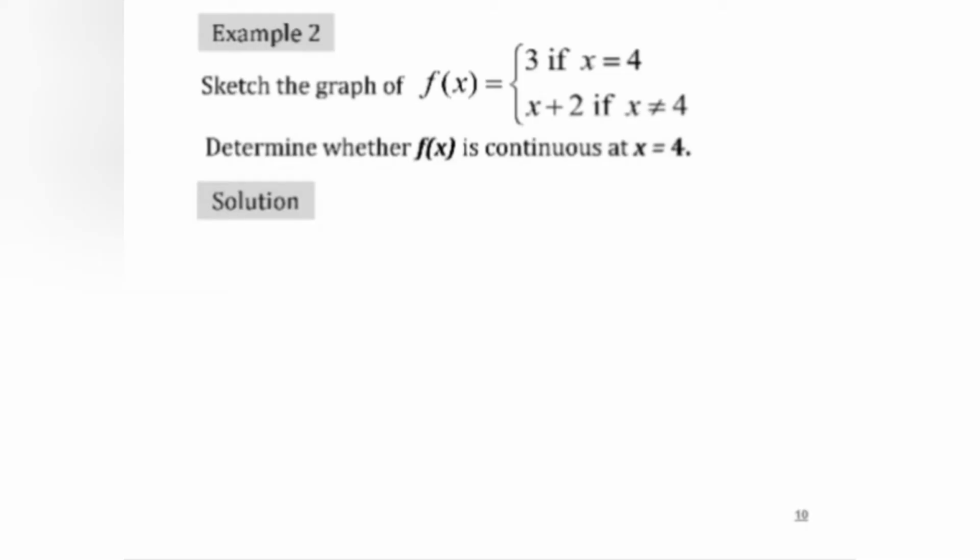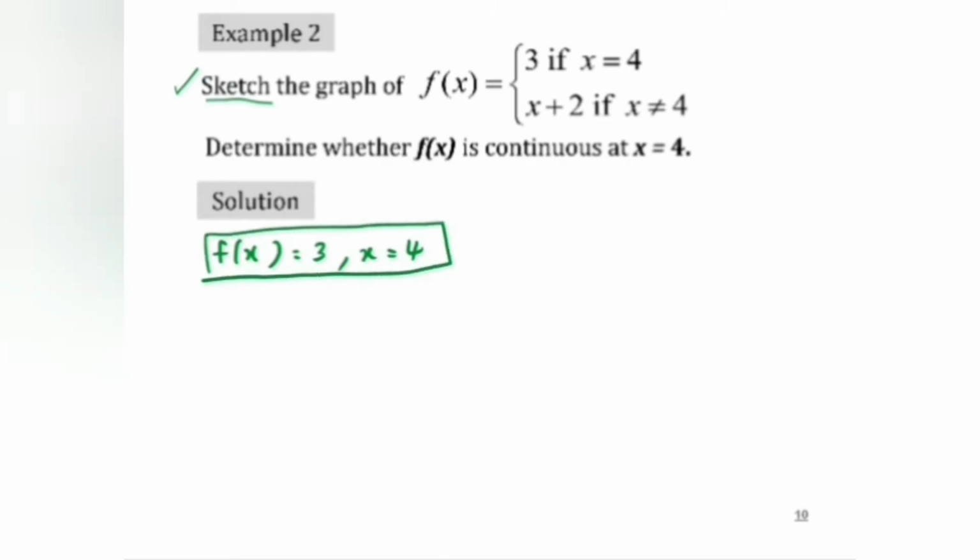Example 2. Sketch the graph of f(x) equals 3 if x equals 4, and x plus 2 if x not equals 4. And then determine whether f(x) is continuous at x equals 4. First part of the question, we have to sketch the graph. The first function we have is 3 when x equals 4.